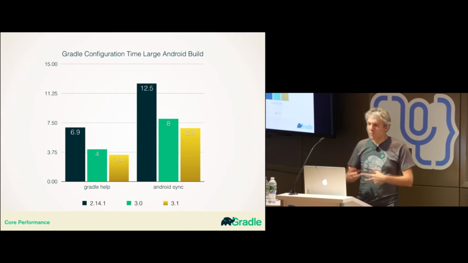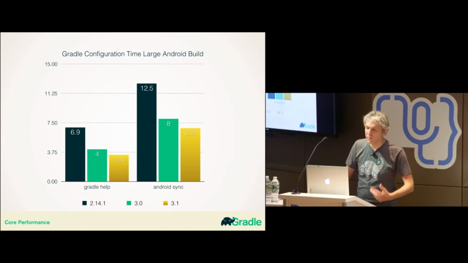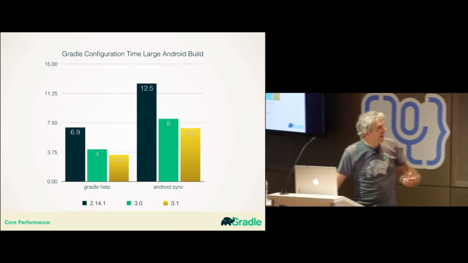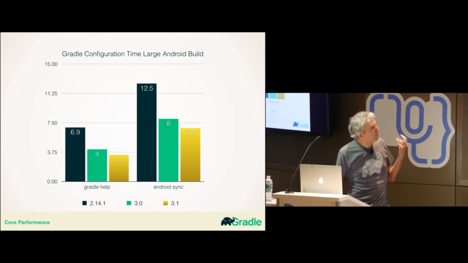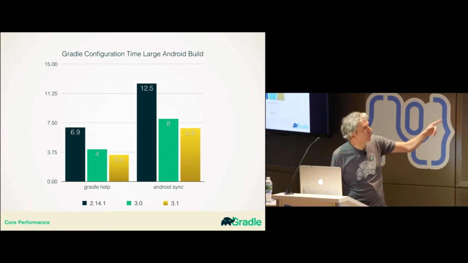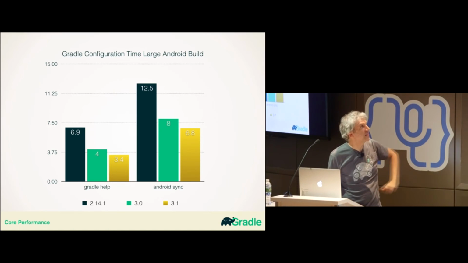We were able to model a test build according to that complexity, right? And when you do a Gradle help, which is an approximation of Gradle configuration time, just between 2.14 and 3.1, within 2 months, we got that down from 6.9 to 3.4 seconds. And with 2.4, it was definitely longer than 10 seconds.